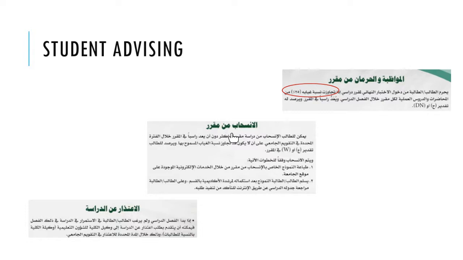Withdrawing from a course: you have to be eligible to withdraw, meaning you should not have exceeded the absence limit. Otherwise, you will not be able to withdraw from the course, and it will definitely be a DN. For the withdrawal, you have to contact your advisor, and as I say, think 3 times, 4 times before you make this decision.